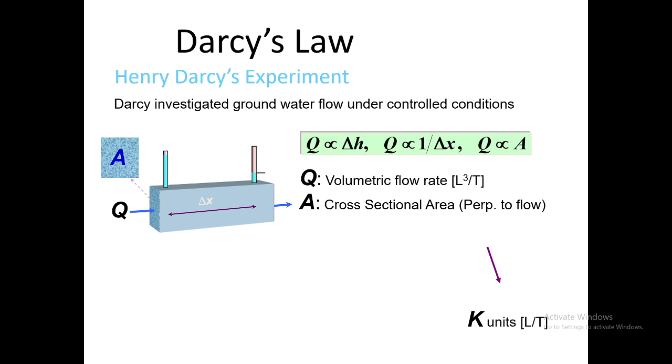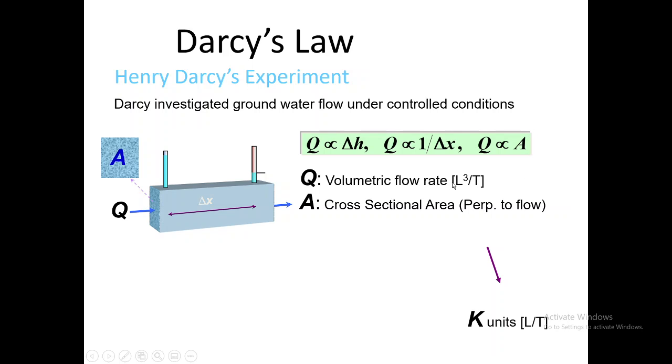So Darcy investigated groundwater flow under controlled conditions using the experiment as shown in the previous slide. So what is the discharge Q? It is the flow rate, which is directly proportional to the hydraulic head, inversely proportional to delta x, which is the distance, and again directly proportional to the cross-sectional area.